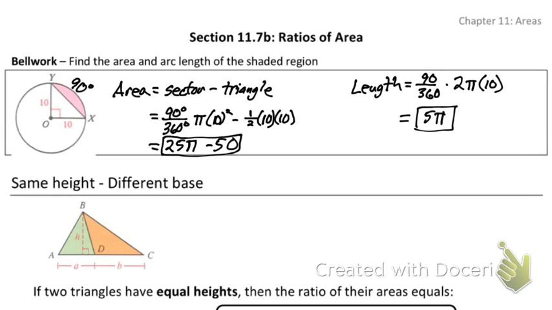Yes? Can we do number 7 in the chart? So if our ratio of areas is 9 divided by 64, well, that means the scale factor is the square root of both of those numbers.